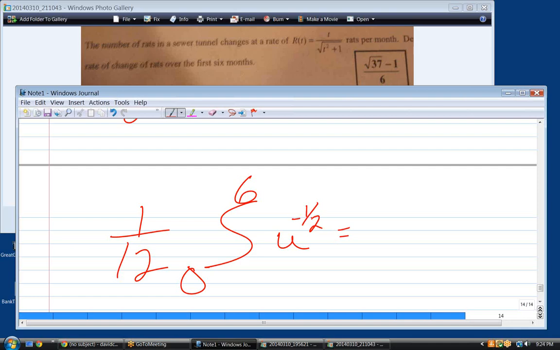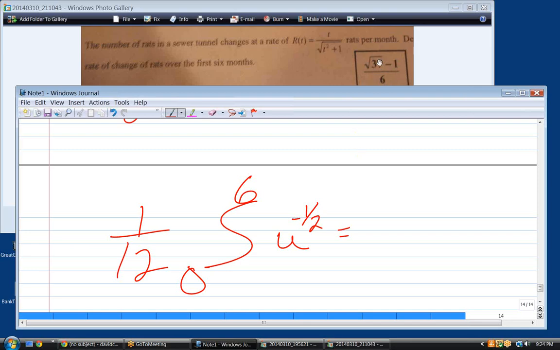Now, when you use substitution, you can't really evaluate it at these limits. I have to go back and change my limits. Since I let u equal t squared plus 1, I would have to figure out what u is.